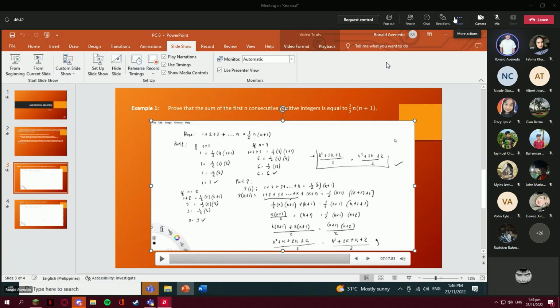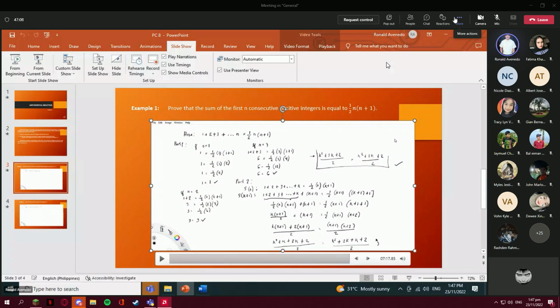Okay. And the core of our discussion is not about finding the sum when n equals 10 or n equals 50. That is not the core of our discussion. The core of our discussion is to prove the formula to be correct, in order for us to use that formula in solving problems similar to the ones I gave.